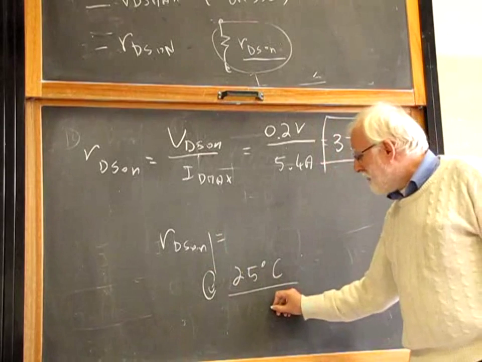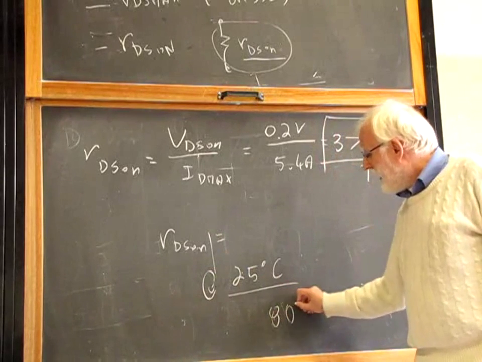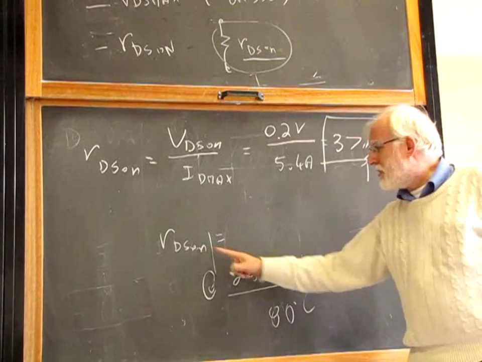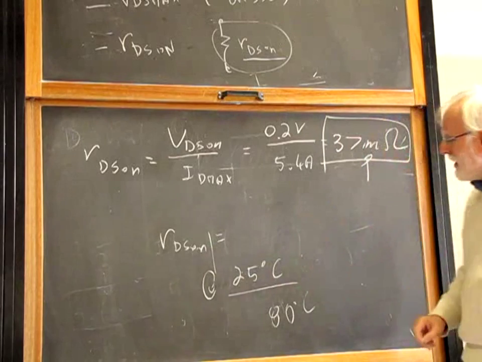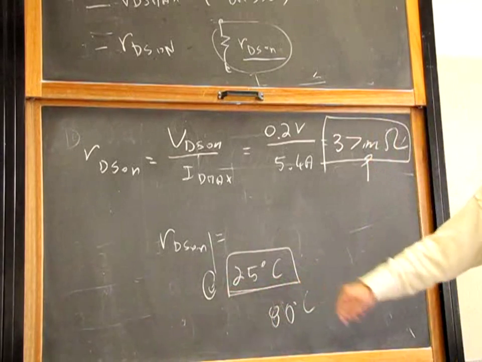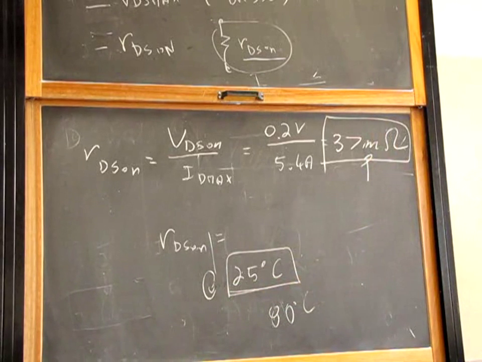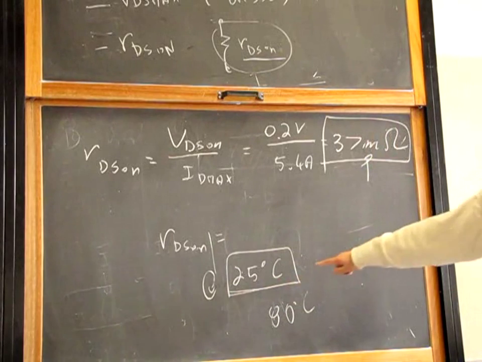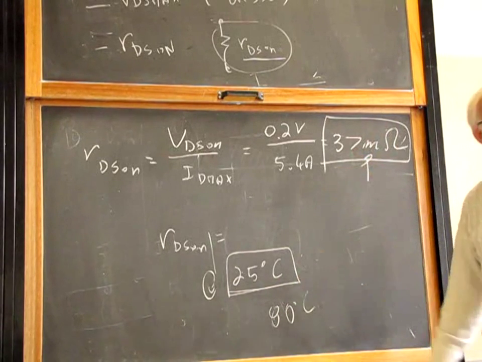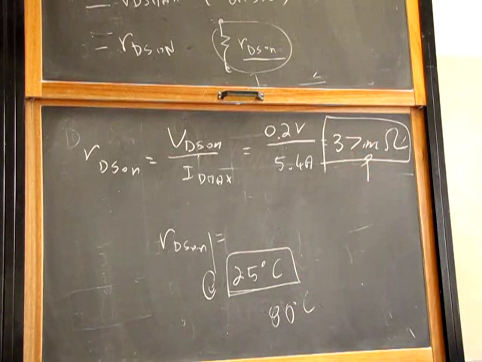It will be, for example, at 80 degrees Celsius because it dissipates power, it heats up. RDS on is a function of temperature. And guess what? If the manufacturer tells you the resistance at 25 degrees Celsius, it means that at this temperature, this resistance is smaller than the resistance at 80 Celsius.